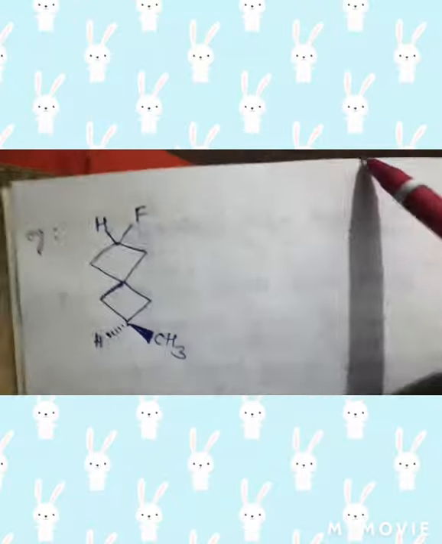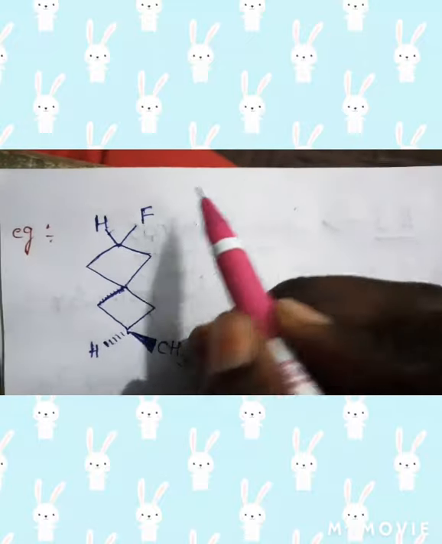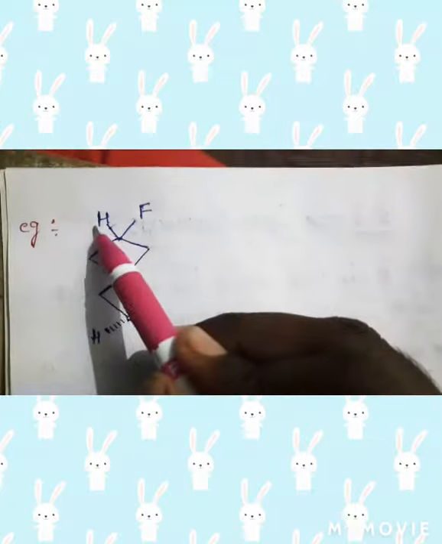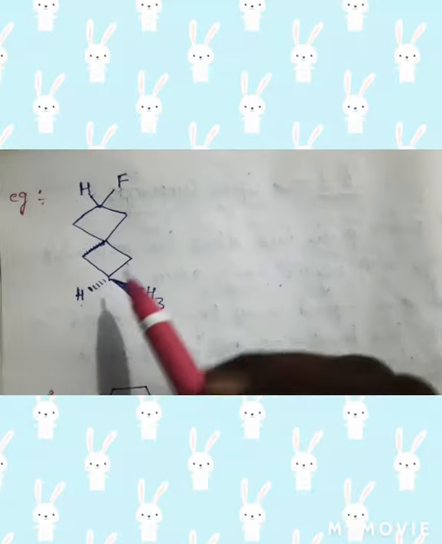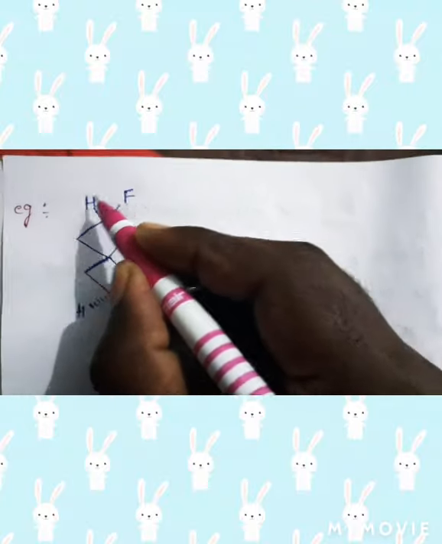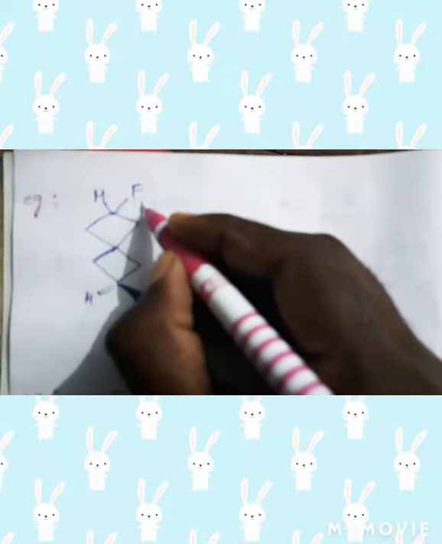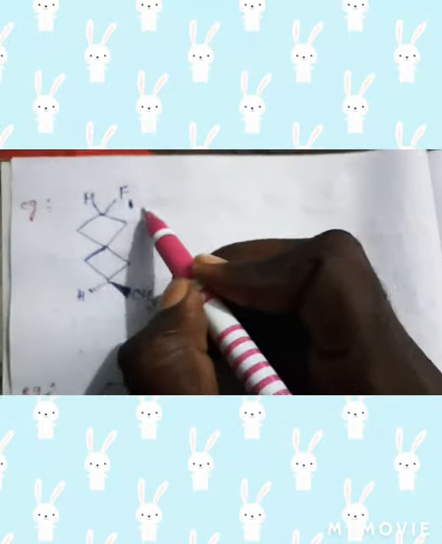According to our rules, we should first give numbering to the groups which are in the plane. This is in plane, this is above the plane and this is below the plane. First we give numbering to these groups because they are in the plane of the paper. Fluorine has the highest atomic number compared to hydrogen, so 1.